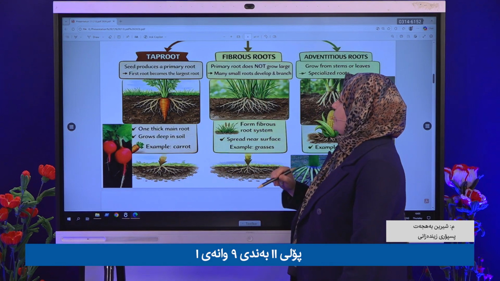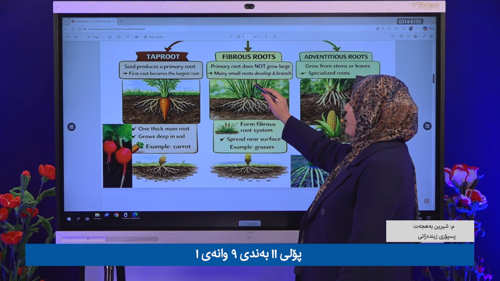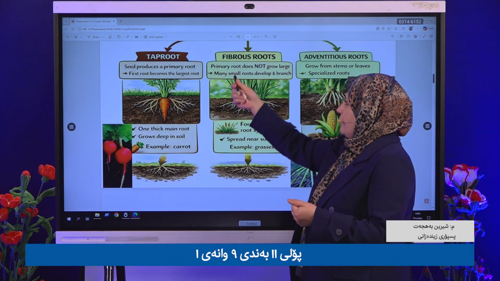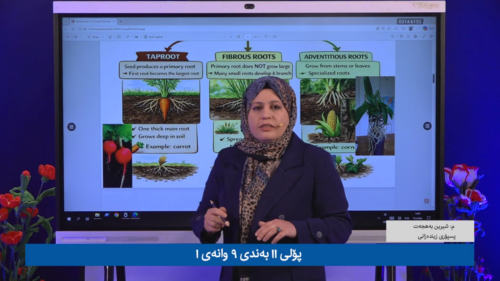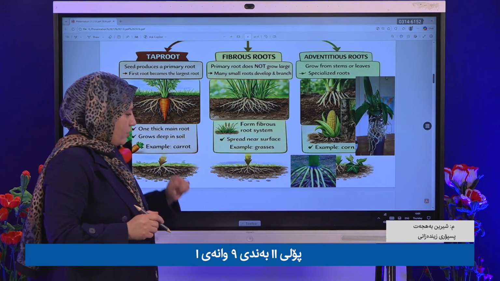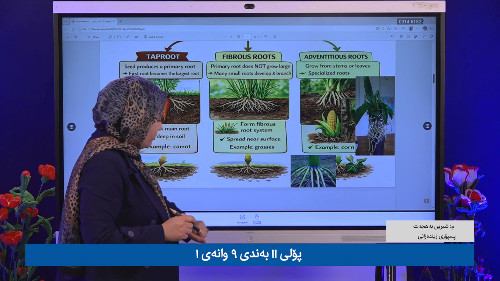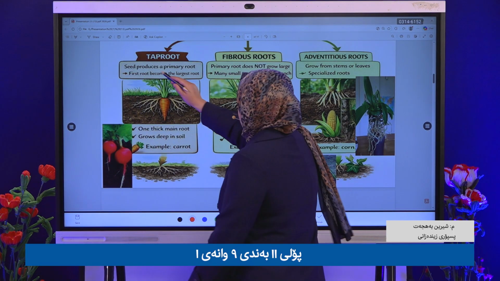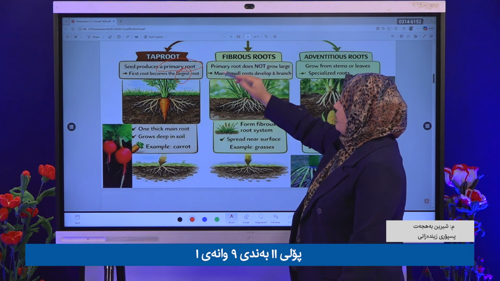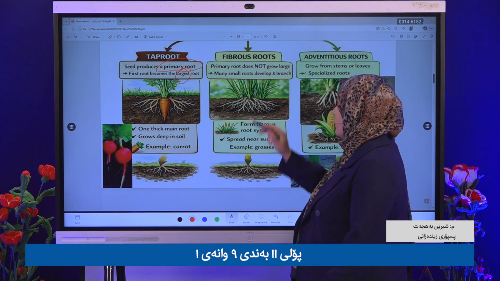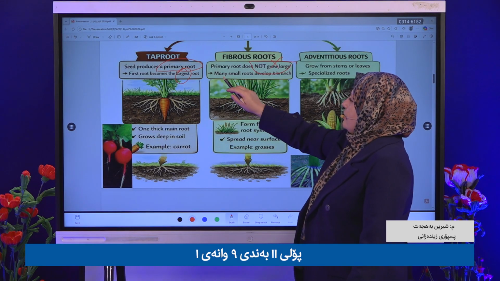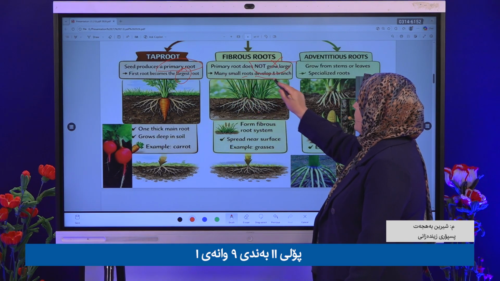The second type is fibrous roots. If we compare them, in fibrous roots the primary root does not become large as in taproots. Here the primary root becomes larger, but the primary root in fibrous roots does not grow larger. Instead, many small roots develop and branch.